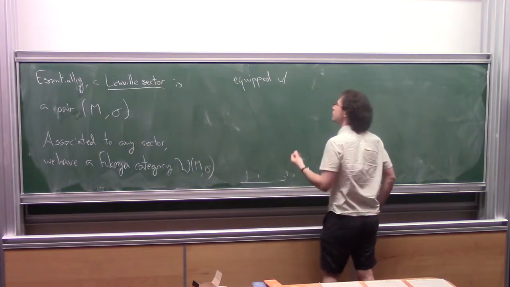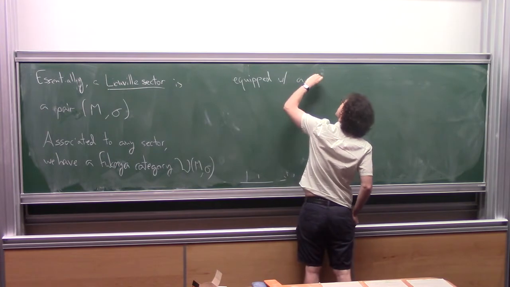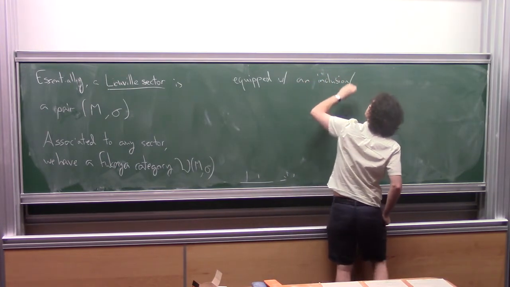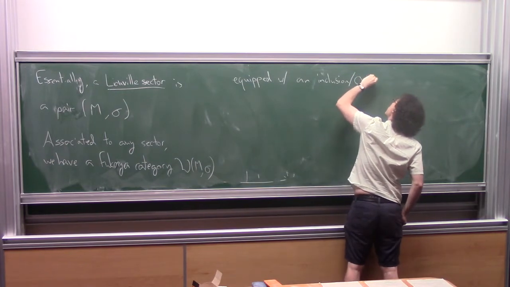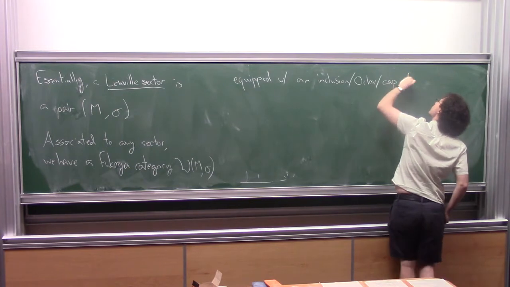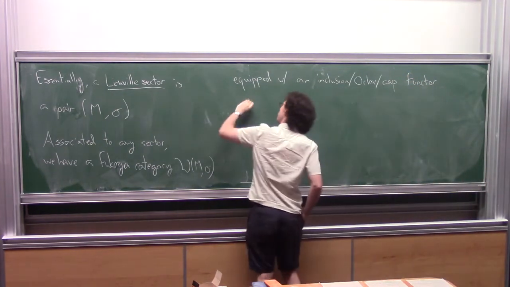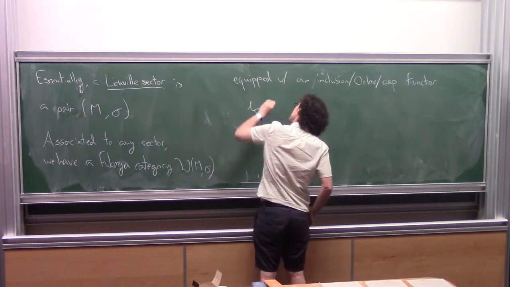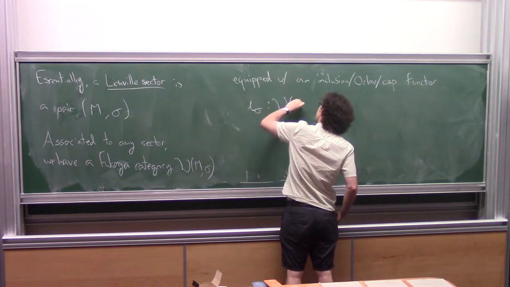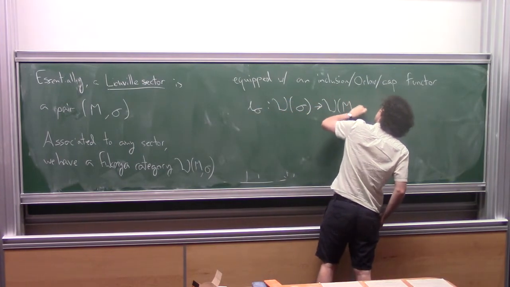That extra structure is a functor, due to Orlov, usually called the cap functor. I'm going to write I sigma, and it goes from W of sigma to W of M sigma.